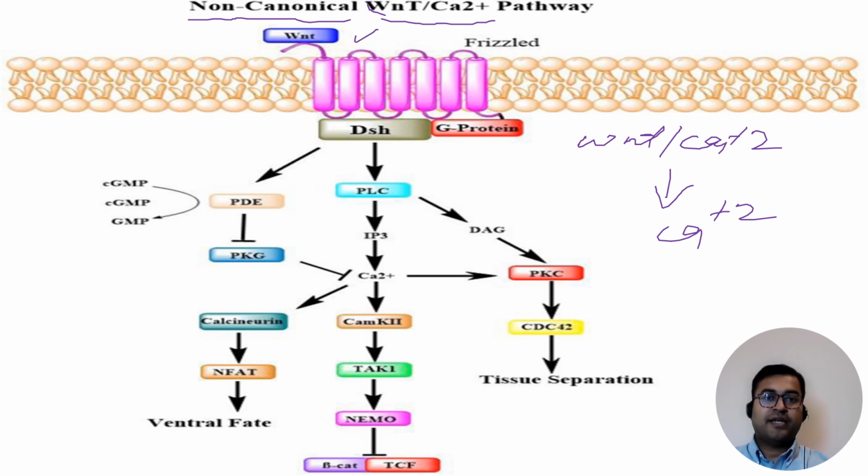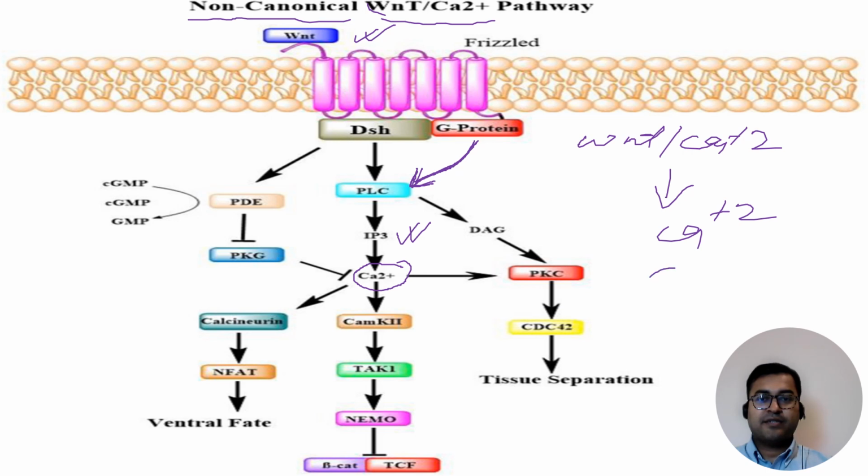When the Wnt ligand binds to the Frizzled receptor, this activates G protein mediated phospholipase C. The activated phospholipase C is going to activate IP3, and IP3 is going to mediate the release of calcium ion.